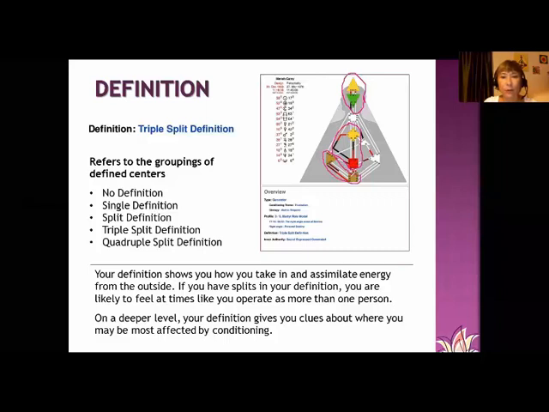I'm going to try to do this so you can see this. But if you notice, there's no connection between the root and the G center or the root and the sacral center. You have to look closely here, but you can see that there's no defined gate.